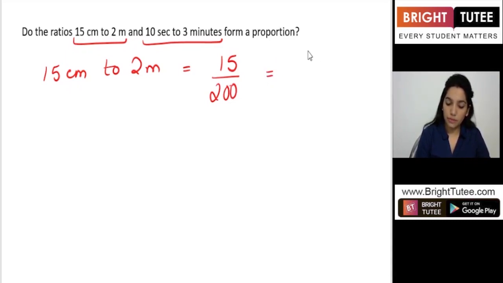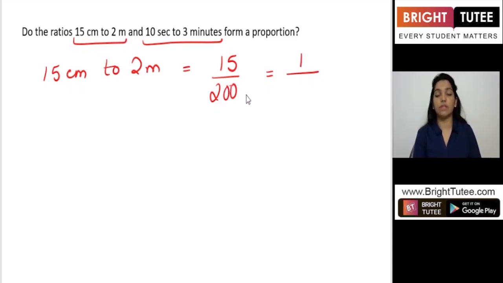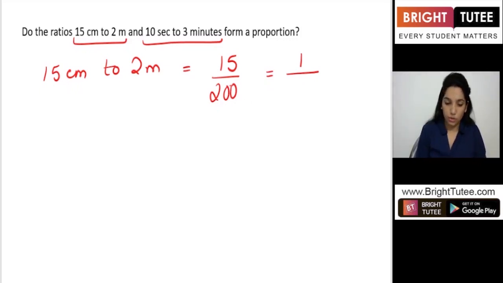Let us not divide this by 15. Let us divide both these numbers by 5. Okay. So 15 when divided by 5 gives 3 as the answer. And when 200 is divided by 5, we get 40 as the answer. So this is the ratio that we have got for the 15 centimeter and 2 meters.